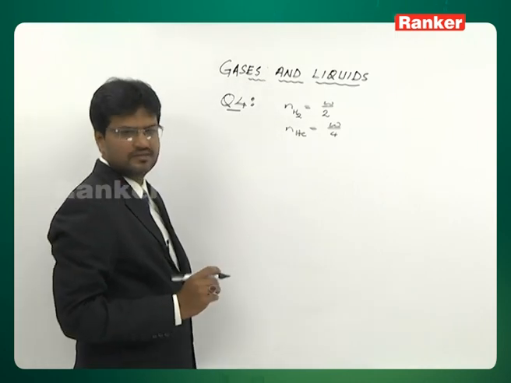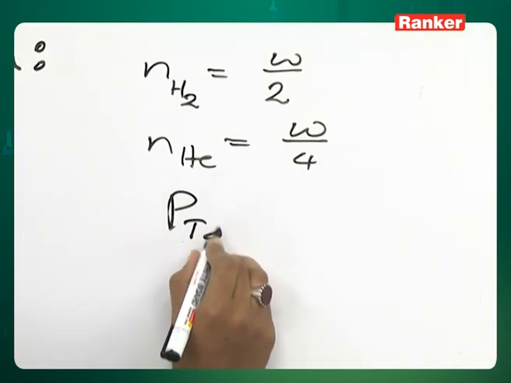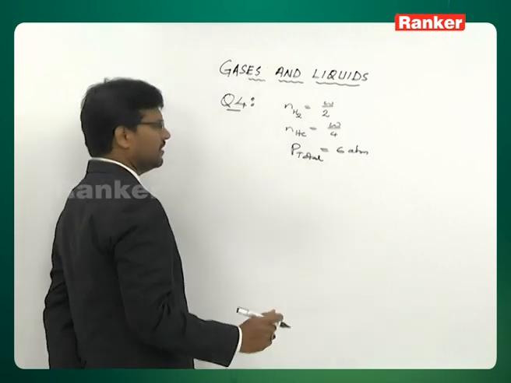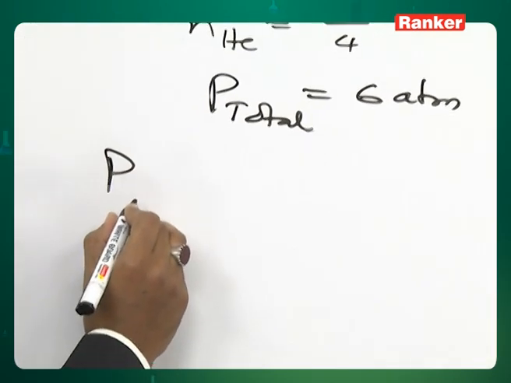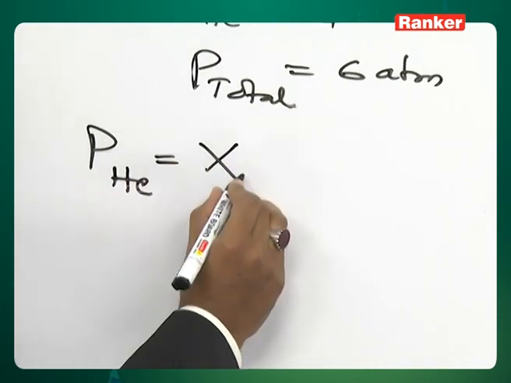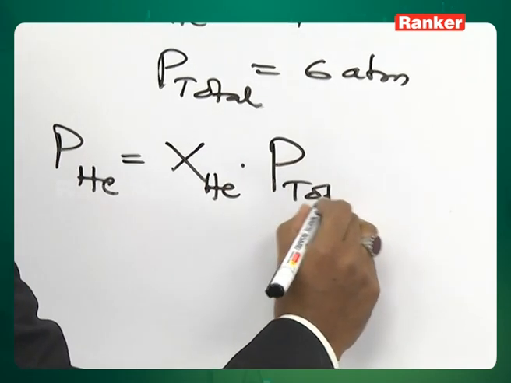And then the total pressure P total equals 6 atmospheres. Now, according to Dalton's law, partial pressure of helium is equal to mole fraction of helium into total pressure, that is 6 atmospheres.